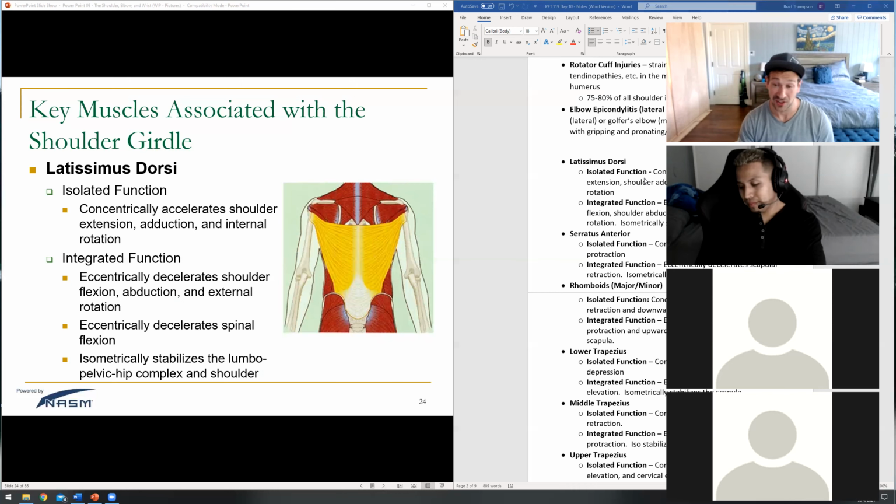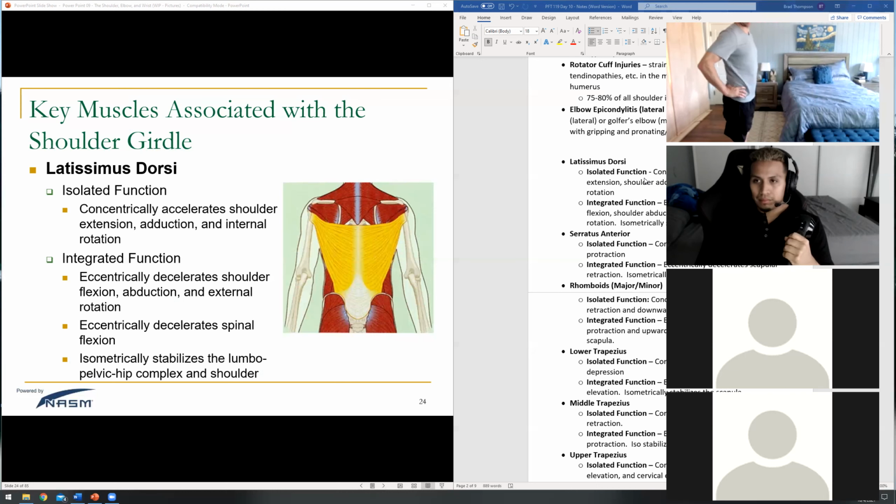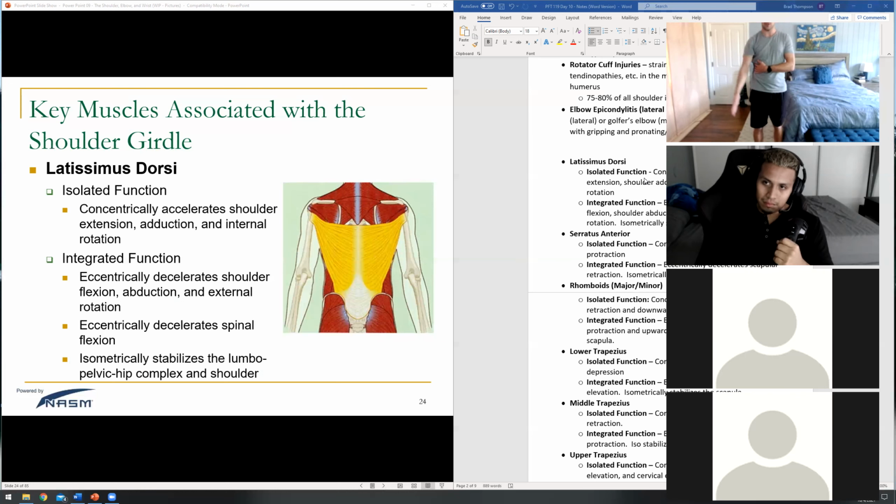So here's all the things it can do. In addition to spinal extension, which we're not even seeing listed here, it does shoulder extension. So in the sagittal plane, your lats pull this way; they're going to pull your arms back into extension.